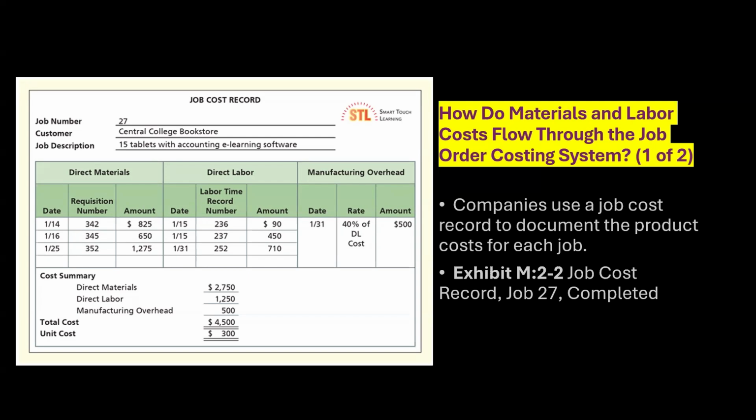So you see job number 27, the customer is Central College Bookstore, and they have ordered 15 tablets with accounting e-learning software. So to the left, you have the direct materials, then you have the direct labor and the manufacturing overhead.